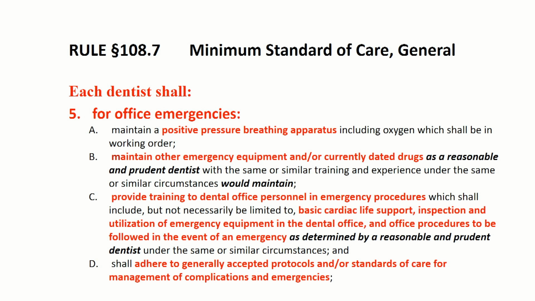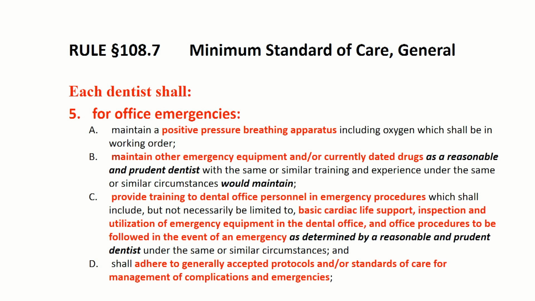Beginning with 5A, each dentist shall, for office emergencies, maintain a positive pressure breathing apparatus, including oxygen, which shall be in working order. The ideal positive pressure breathing apparatus would be the small oxygen tank. In most dental offices that I've seen, this is a small oxygen tank that has the mask attached and can be moved around the office on a small cart that's fitted for that tank on 2 wheels.